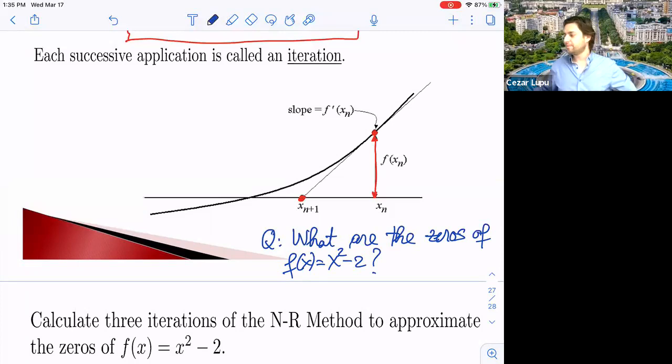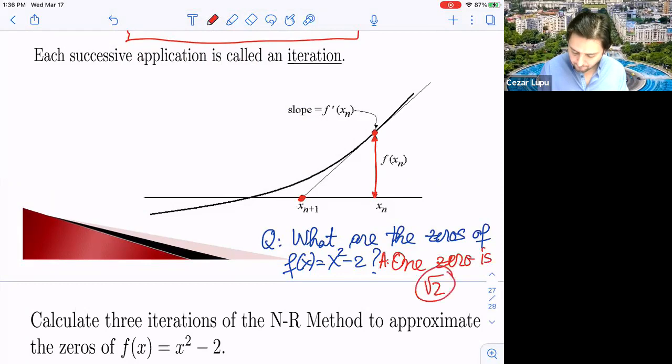So yes, indeed, square root of 2, for example, and also negative square root of 2. But let's say one zero, the answer is square root of 2. Or maybe we can approximate this zero by using the Newton-Raphson method. This is nothing else than just an approximation of the square root of 2. So we'll see how close this will get to square root of 2.